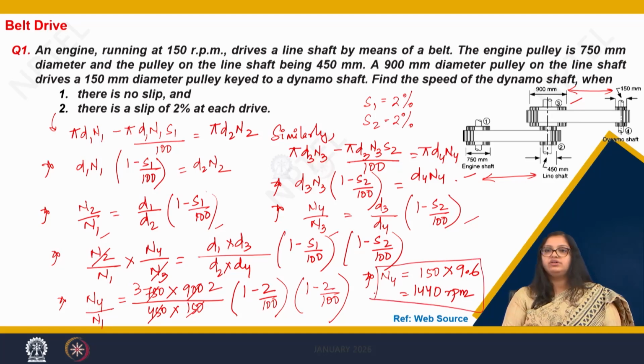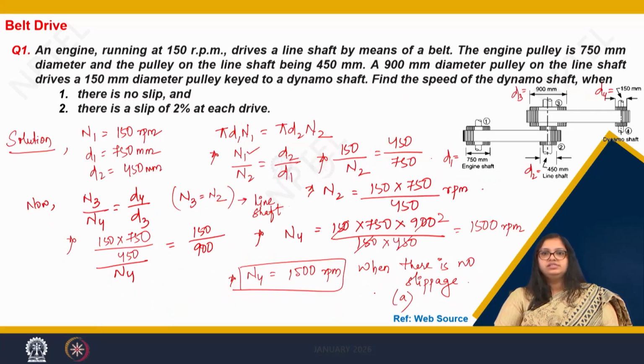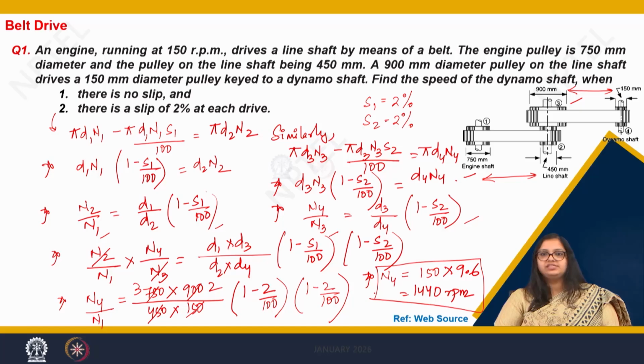So this is our final speed of the dynamo shaft with slip of 2% at each drive. Now if we see the speed of the dynamo shaft without slippage is 1500 RPM, which has reduced down to 1440 RPM when there is a slip of 2% at each drive.